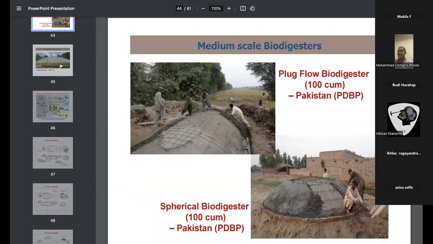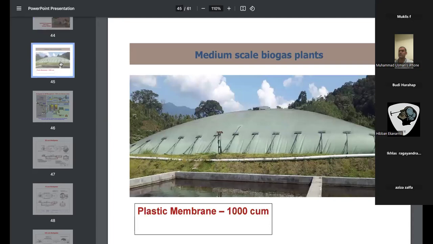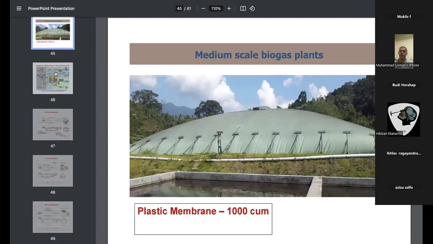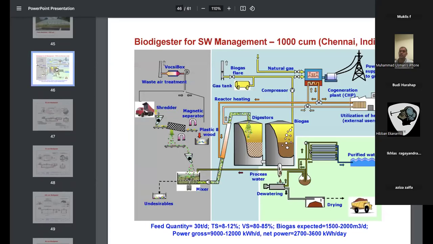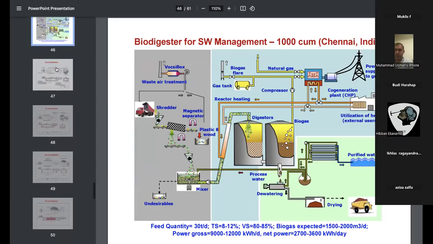This is 1,000 cubic meter, and other types of biogas plants, 100 cubic meter in Pakistan. The next one is a 1,000 cubic meter membrane type biogas plant, in one region of Pakistan. And next is the picture from a 1,000 cubic meter plant.